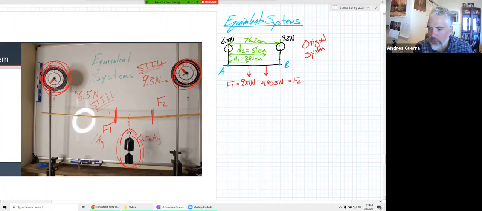And so what we're doing with equivalency is we're simplifying it, right? We had two forces in our original system, and in our equivalent system now we have one. Let's draw a picture of our equivalent system.